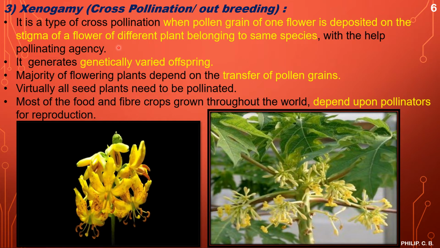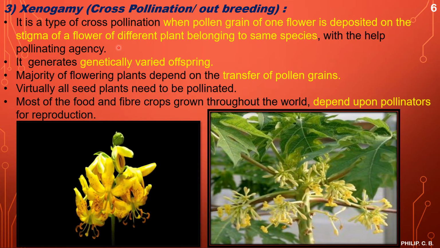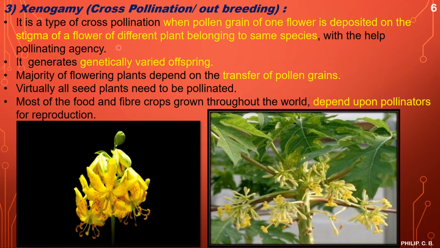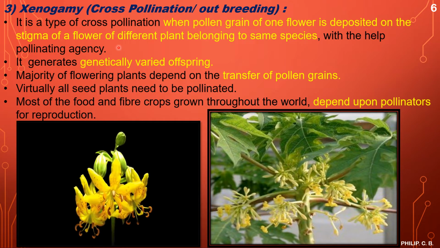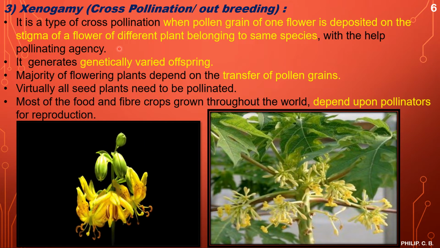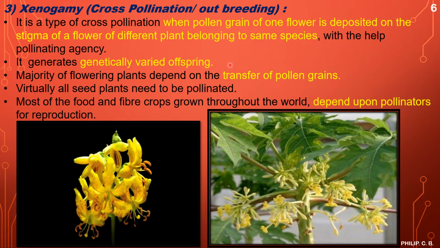So from here the term is clear: the pollen grains are transferred to a different flower of a different plant of the same species with the help of an agent that may be wind or biotic agents. It generally generates varied offspring, because two different pollen grains from two different plants are involved, so the offspring may be different.